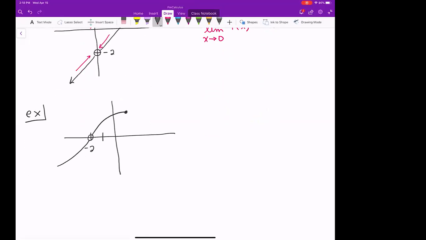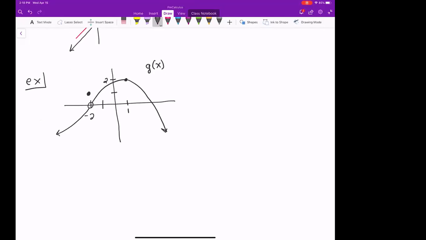Just making it up. We'll say this is 1. We'll say that this value is 2. Let's put this point at 1 just for a different number. Okay, so let's call this whole entire picture g of x just for a different name. So this whole picture will be a graph of g of x.